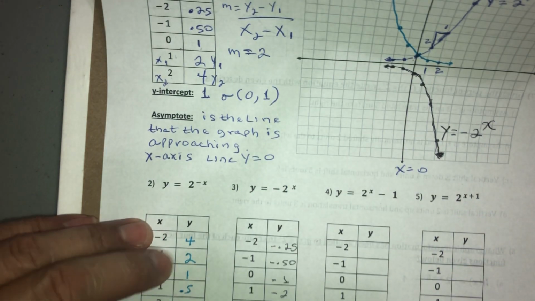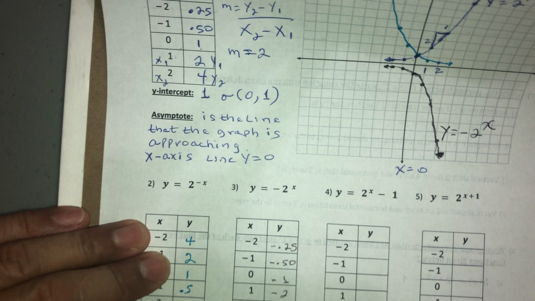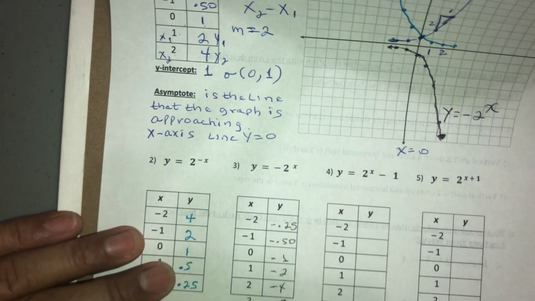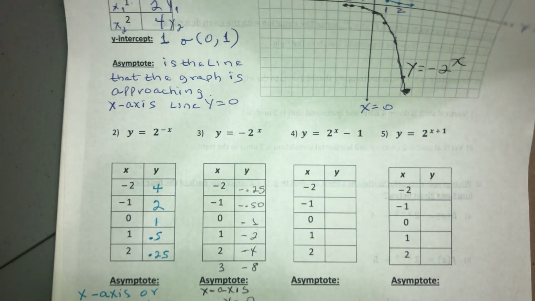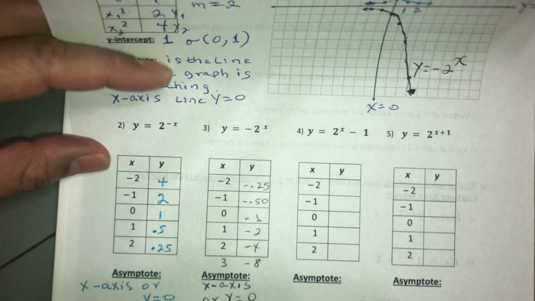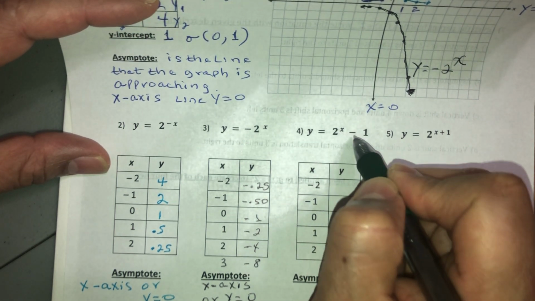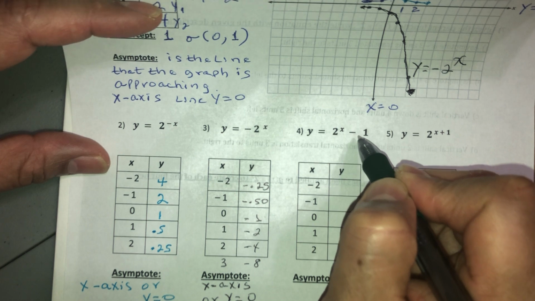All right, let's use now the green. Now, this should be easy, guys, for you, because just by looking at it, you can tell. Remember, this is the parent function, all right? So what I'm doing is I'm just subtracting 1.